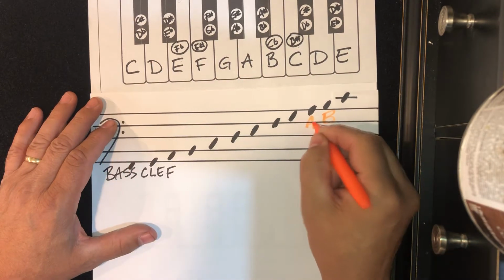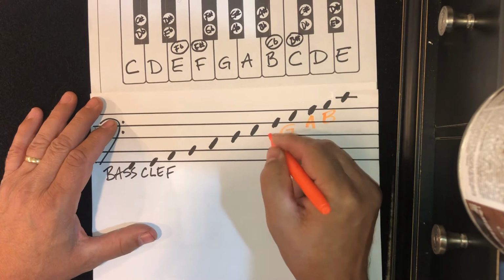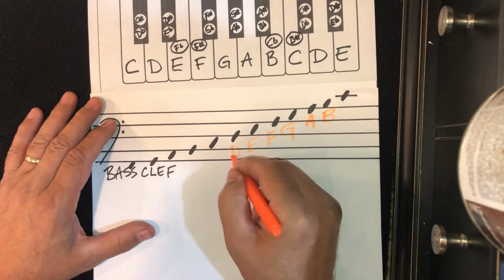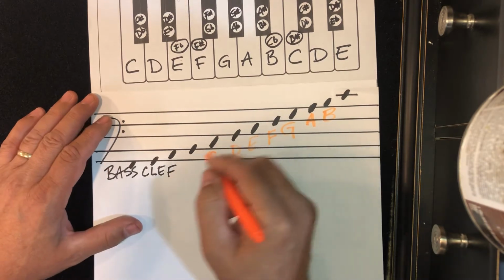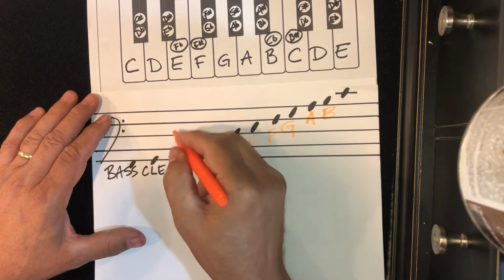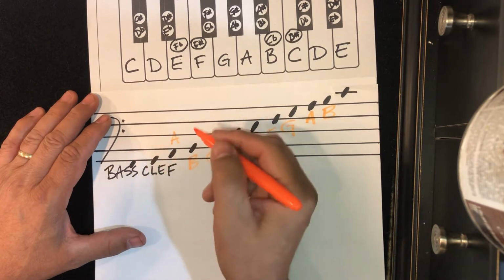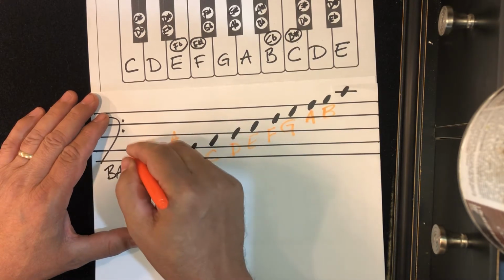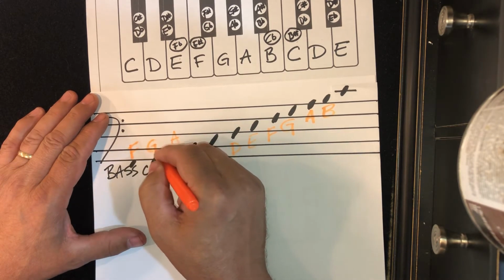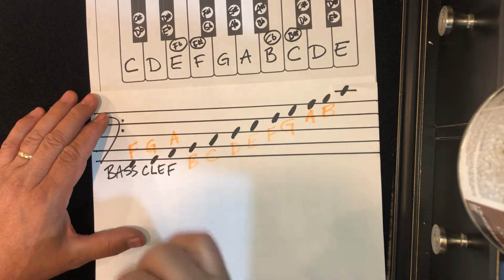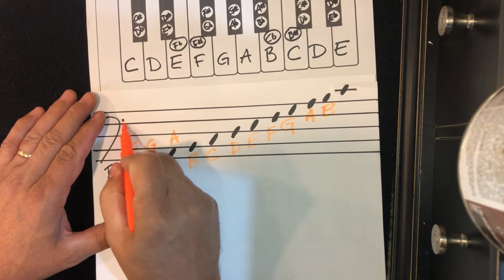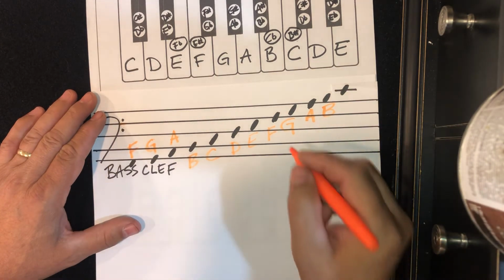B, A, G, F, E, D, C, B. Sorry, I wrote that a little bit too close. A, G, F. All right, and speaking of F, this bass clef staff is also called the F clef because these 2 dots signify the F line.